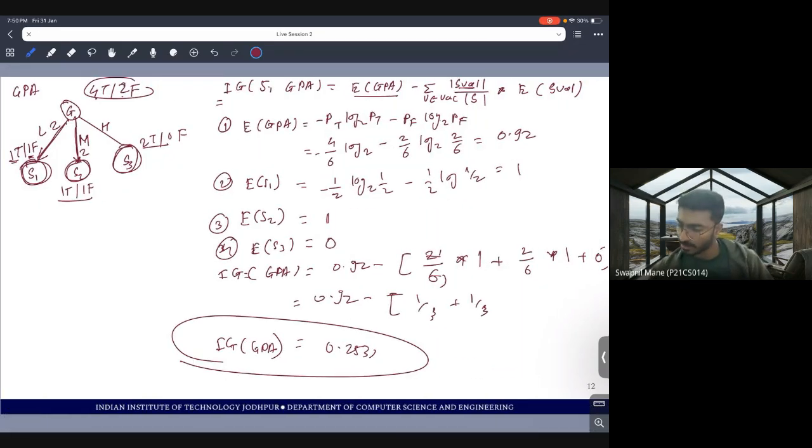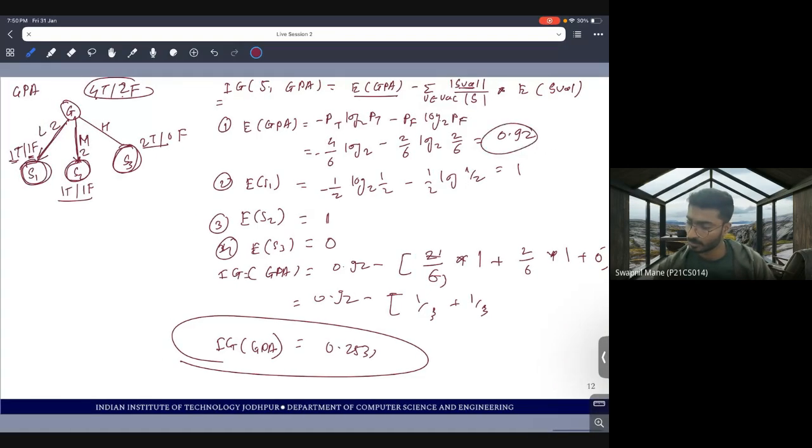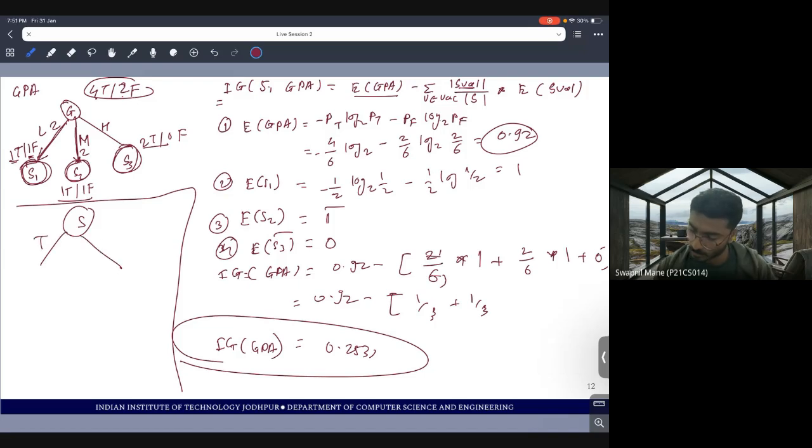So here the information gain part is the same, right? So this value 0.92. Then you only have to calculate S1 and S2. The split of studied is true and false. Here four true and two false are there.